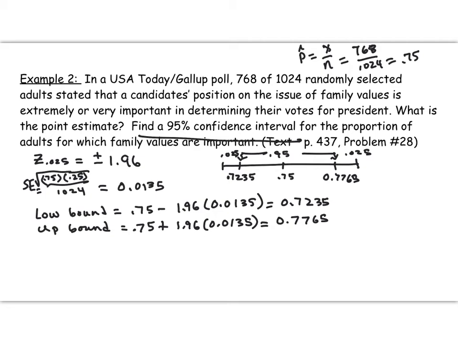The confidence interval then is 0.7235, comma, 0.7765.